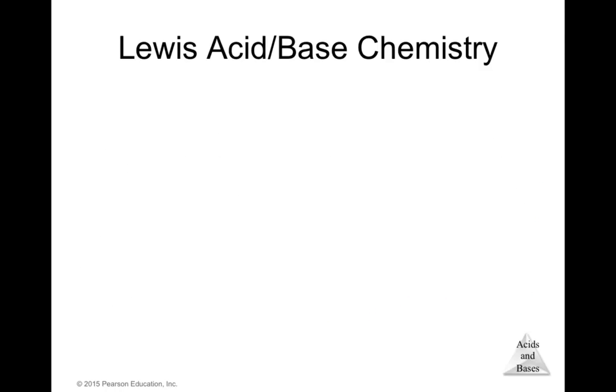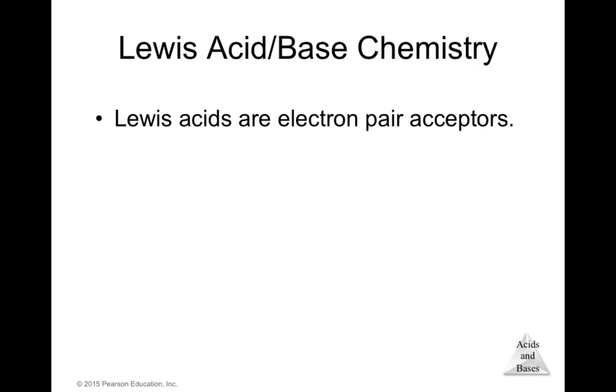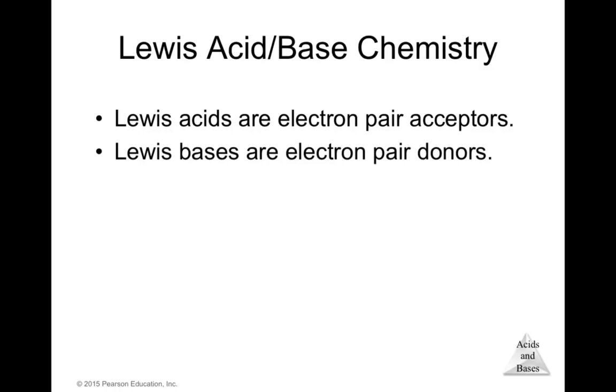Now, to finish this model, we're going to talk about Lewis acid-base chemistry. Lewis acids are electron pair acceptors, and Lewis bases are electron pair donors. At the beginning of the model, we talked about Arrhenius and Bronsted-Lowry acids and bases, where we looked at what happened with the hydrogen.